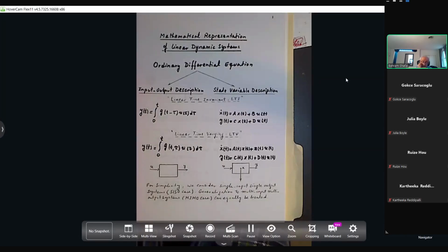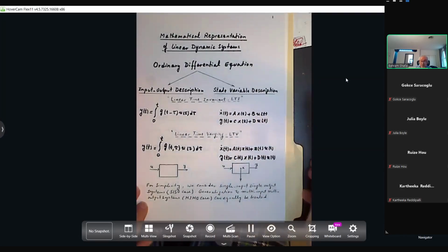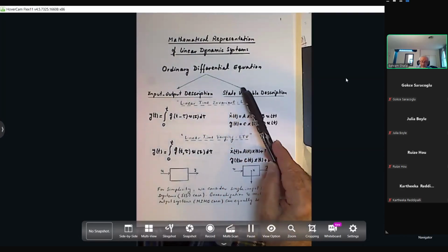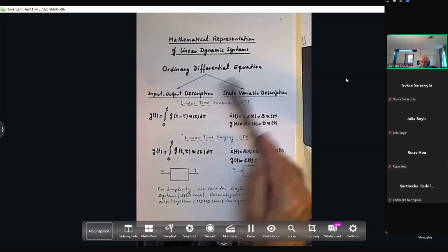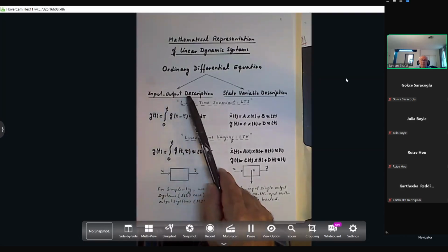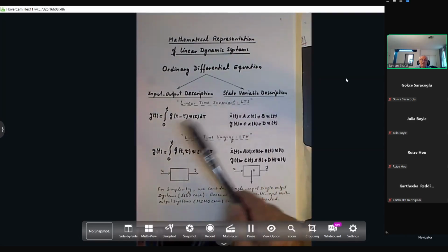Remember, I talked about mathematical representation of linear dynamical systems, and there are 2 representations that we derived based on the differential equation. One is called input-output description, and the other one is state variable description. Why we do that is because of convenience.